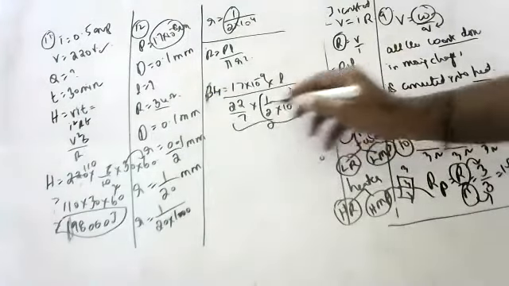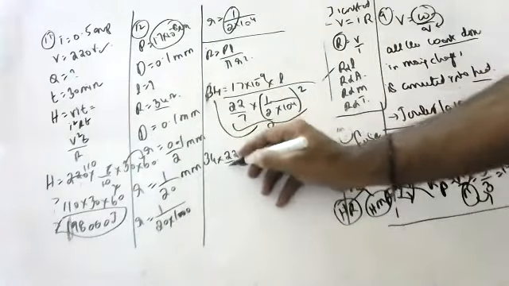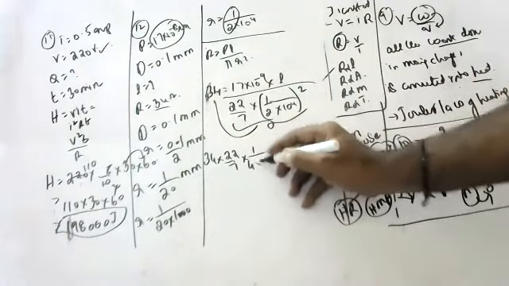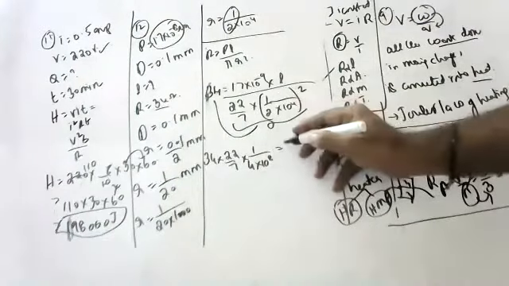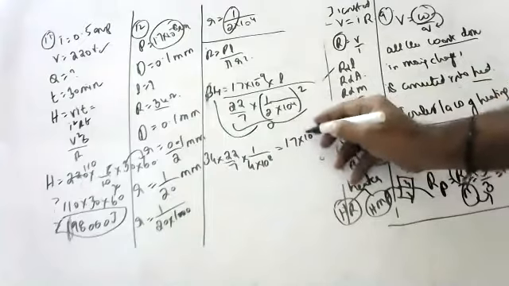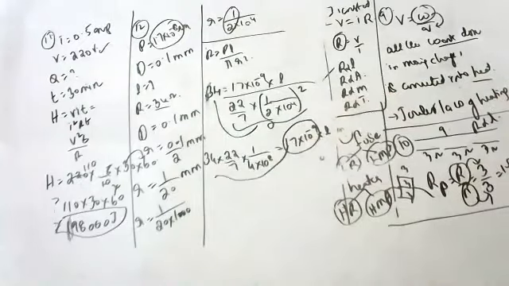This entire thing goes there. So 34 into 22 by 7 into 1 by 2 into 10 to the power of minus 4 whole square equals 1.7 into 10 to the power of minus 8 into L. This also goes down.